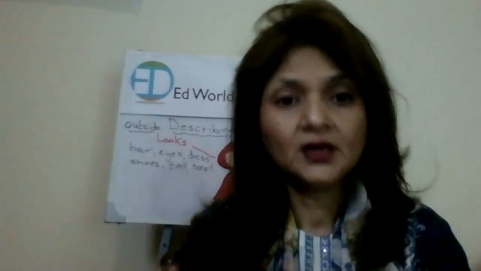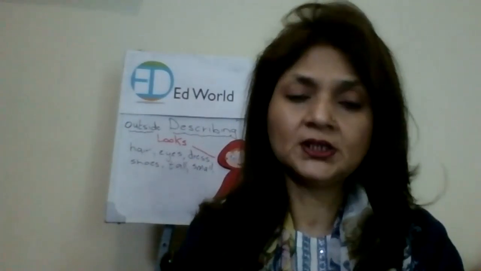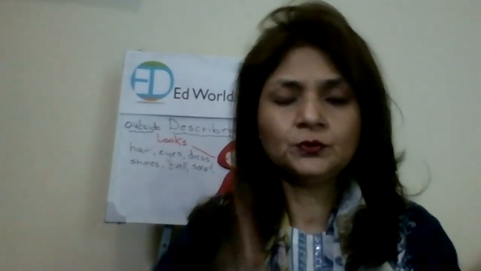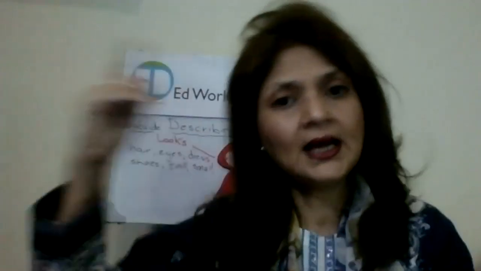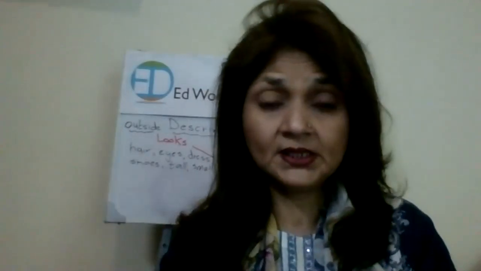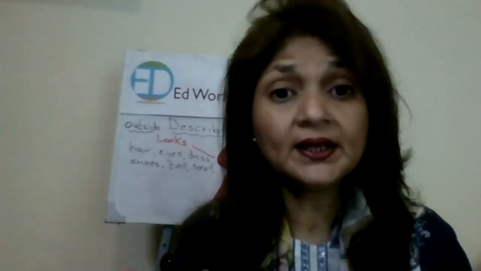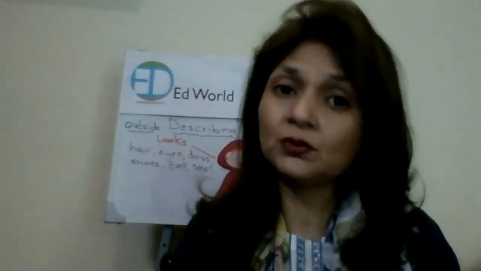Now, first, whenever you are asked to describe a character, you have to divide the character into two parts, right? Outside and inside. Now, what does outside mean? Outside means how the character looks like from outside. Like if you look at me, how do I look like from outside?